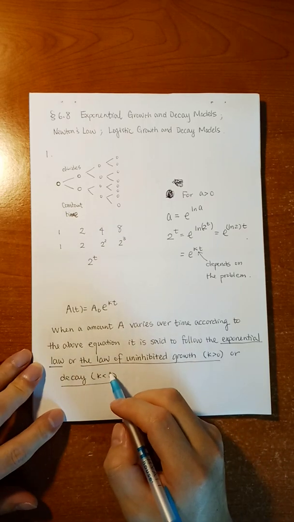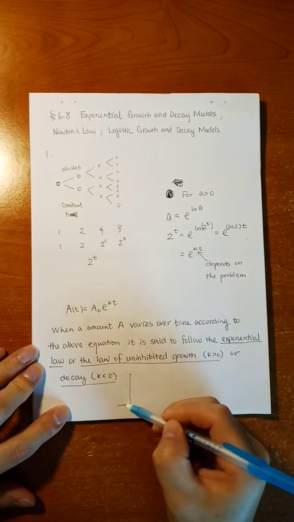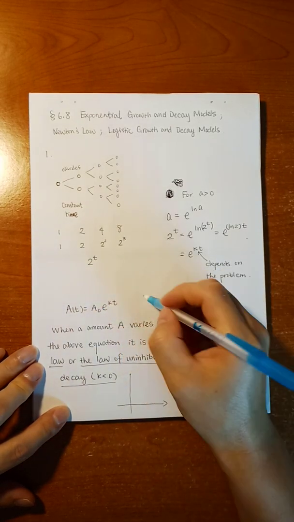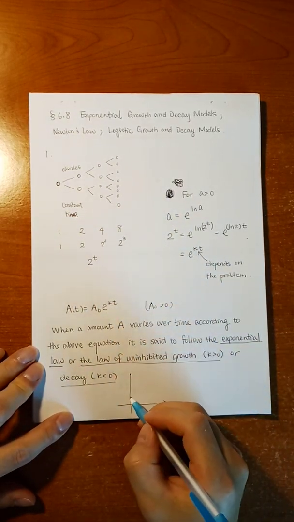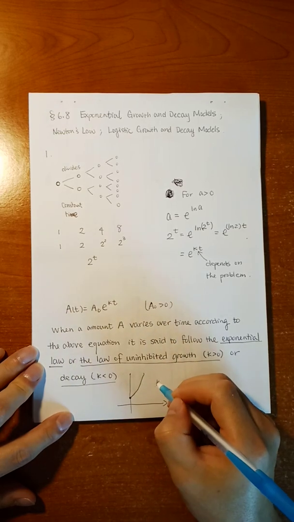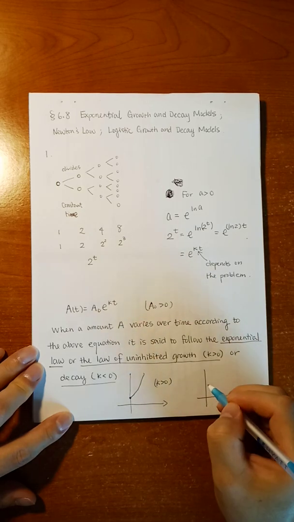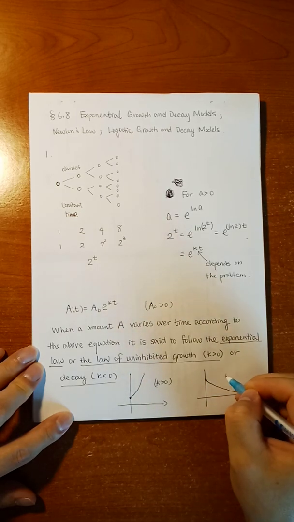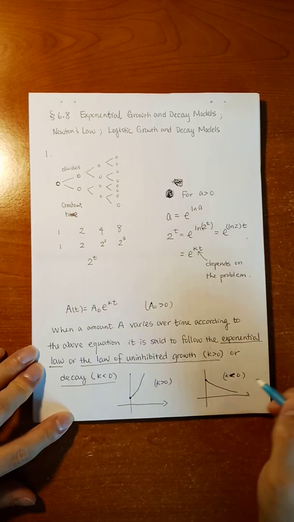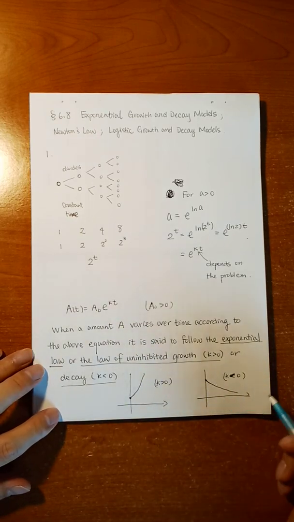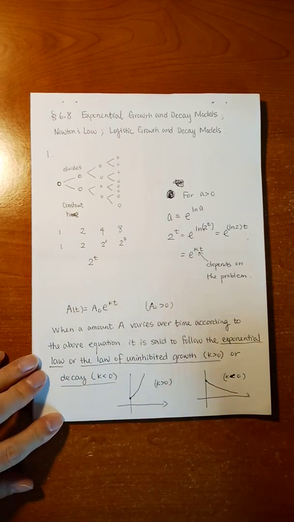We use different words, growth or decay, because A0 is always positive. When k is positive, the graph of the function looks like this. When k is negative, the graph looks like this. So this is an increasing function, this is a decreasing function. So we call this situation growth, and we call this situation decay.